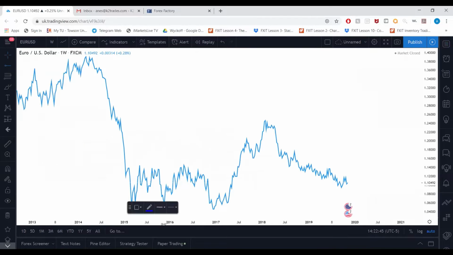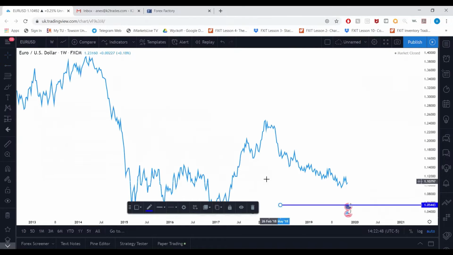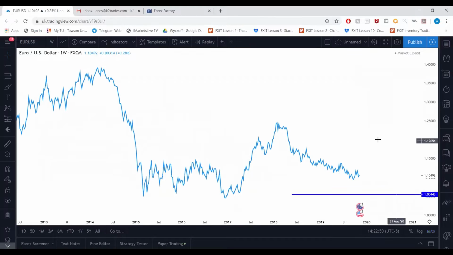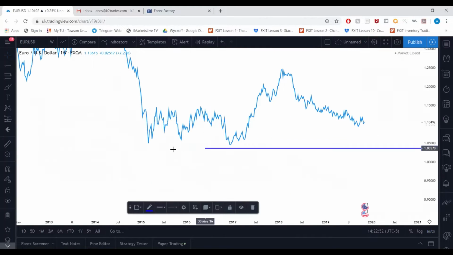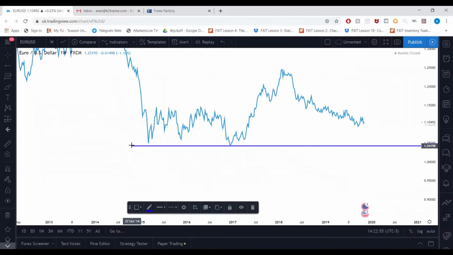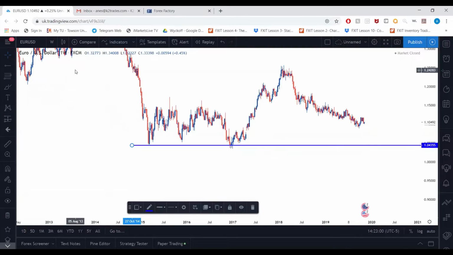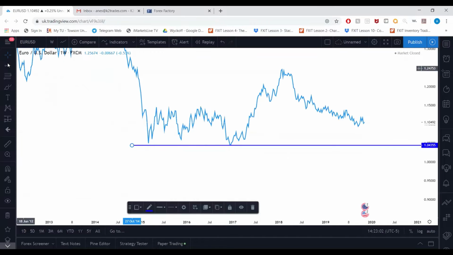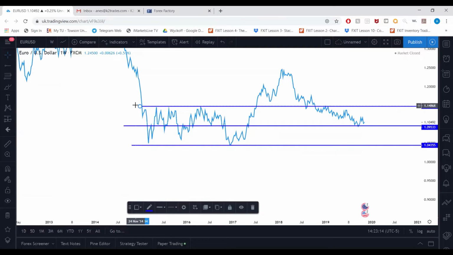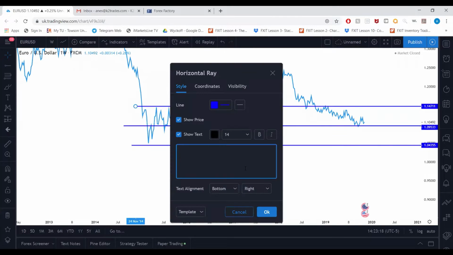See our major zones. Okay, I like that. And we do have this support here as well. And then next resistance is not really until here. So let's label the current zone.